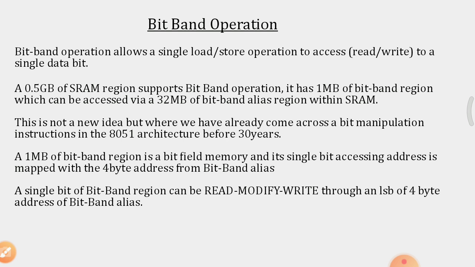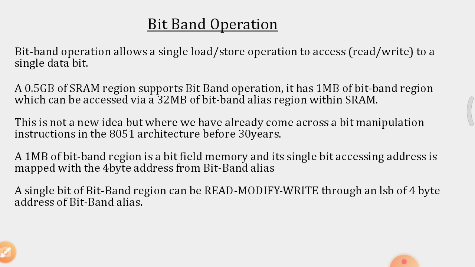This is not a new idea; we already came across bit manipulation instructions in the 8051 architecture 30 years ago. This bit-band operation is the same as bit manipulation, that is, accessing a single bit by another address.